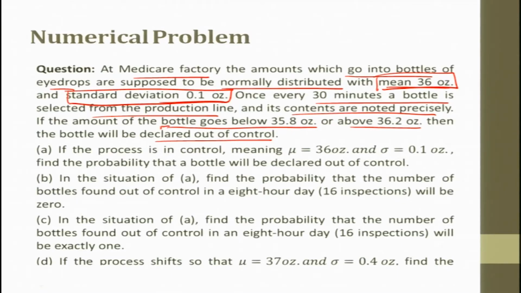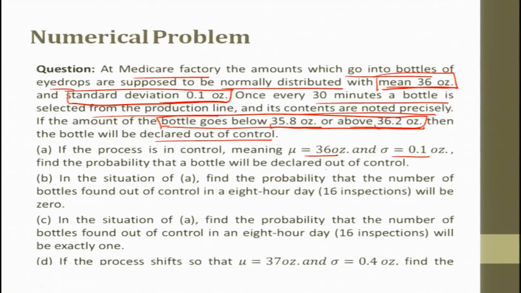Now, they say the bottle will be considered out of control if it is outside 35.8 and 36.2. The first question is, if the process is in control, that is mean is equal to this and sigma is equal to this, find the probability that a bottle will be declared out of control.